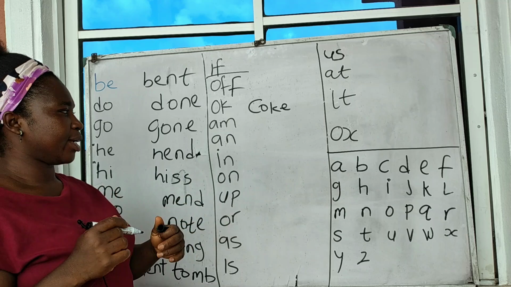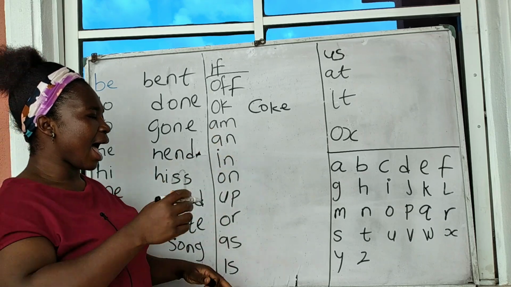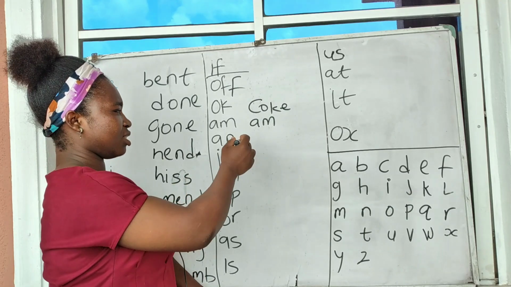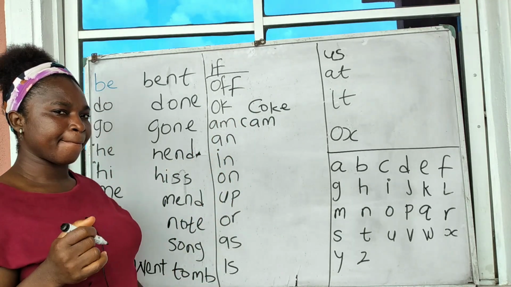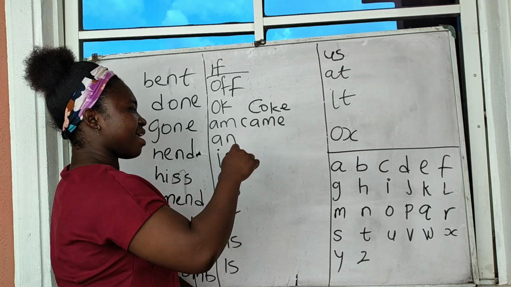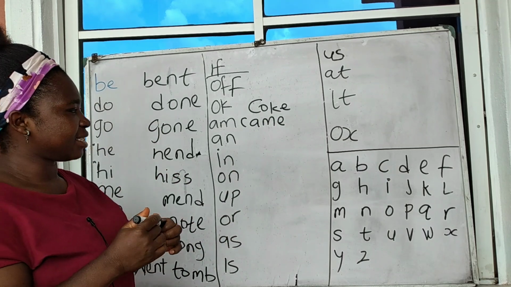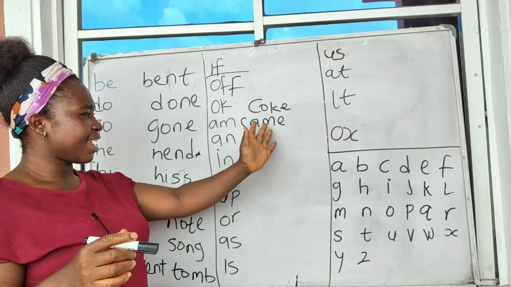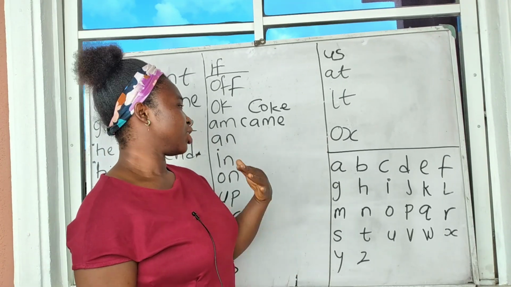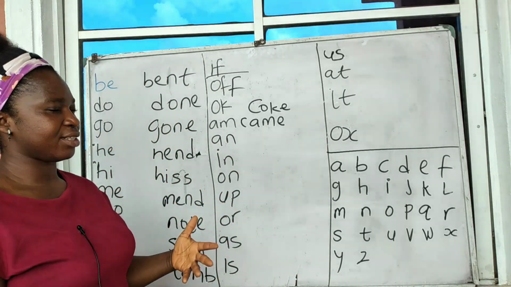Now I have am, this is AM. If I add C to this place, I'm going to have come. And now I add E here, I have came. Now this is came. But when you pronounce this as come, you are still correct. You pronounce this as came, you are still correct.